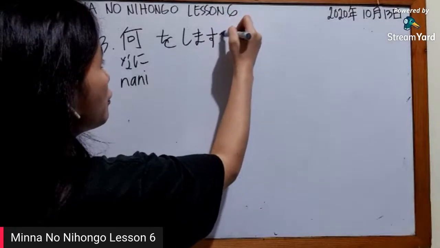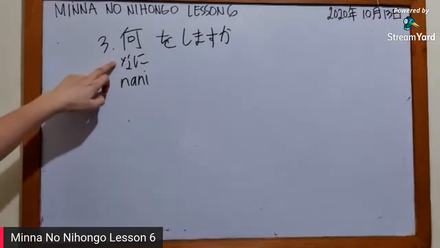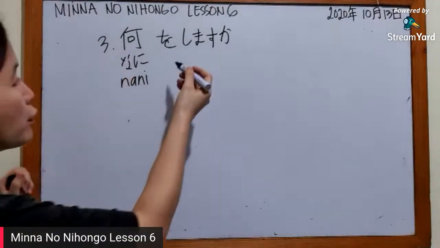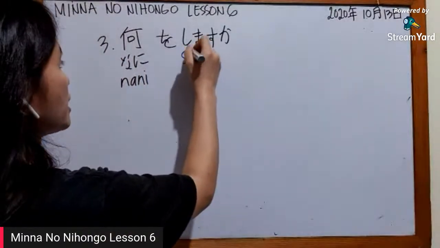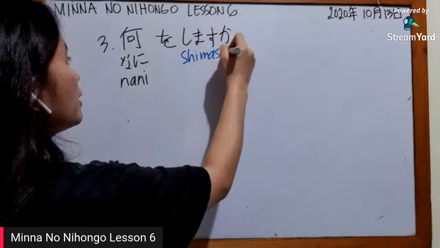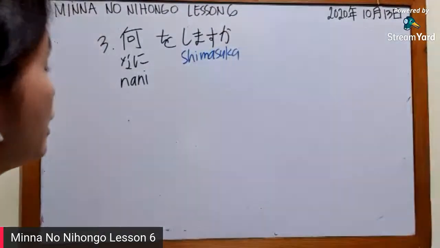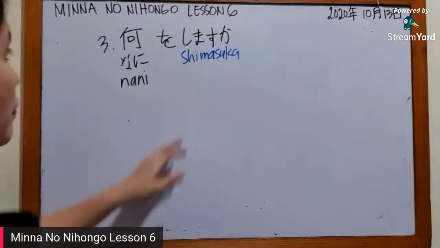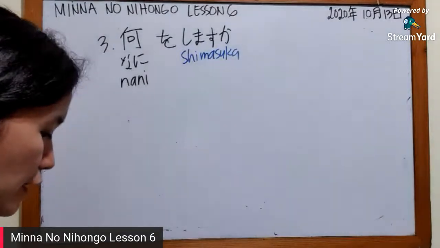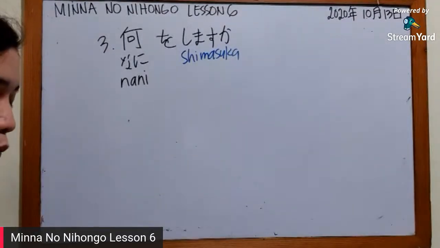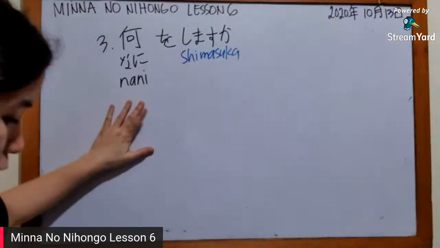Even if this is your first time, you can read this since there is romaji there. That is why I'm telling you, you need to memorize the hiragana and katakana. That is the very first step. Nani o shimasu ka? This is a question to ask what someone does.